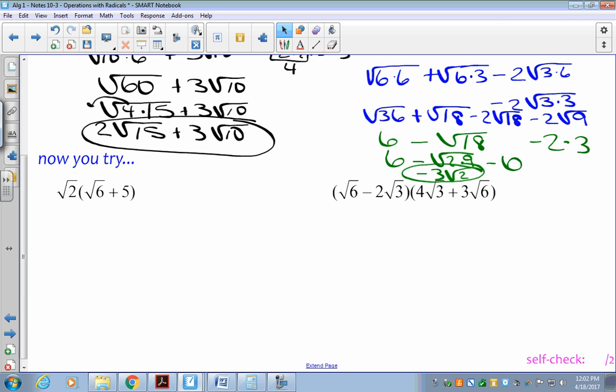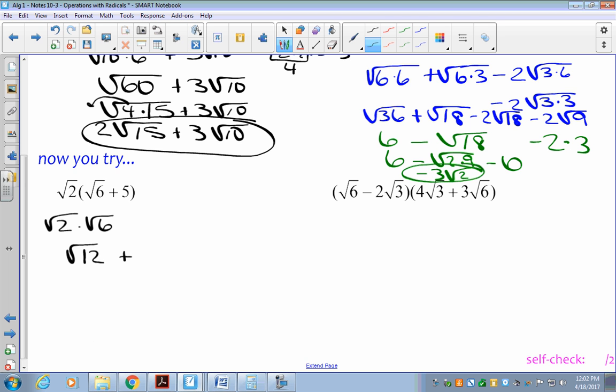All right, Connor, what did you get for the first one you tried? So I took the square root of 2, raised it to square root of 6, got square root of 12 plus 5, with the square root of 2 became 5.